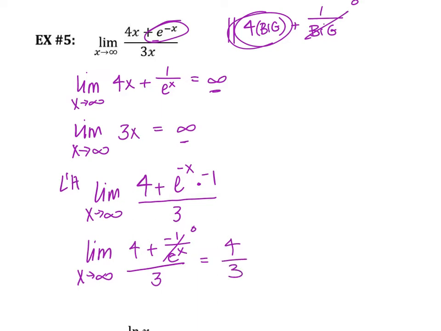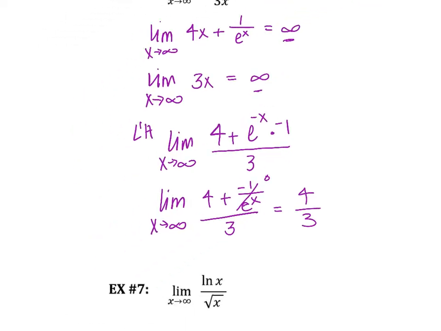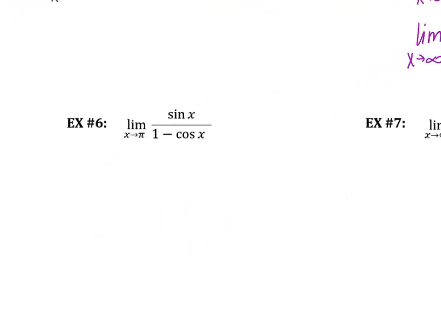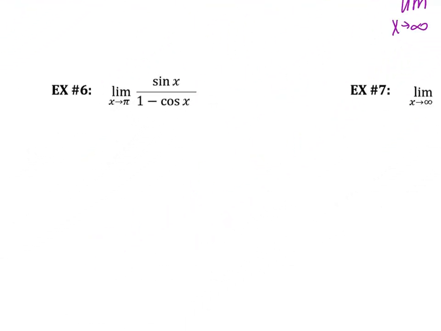All right, moving on to our next problem. Again, very similar idea here. We are going to be looking at pi, and again, let's plug it in and see what happens. We have the limit as x approaches pi of sine of x over, well, let's go ahead and just do that because it'll be fine.